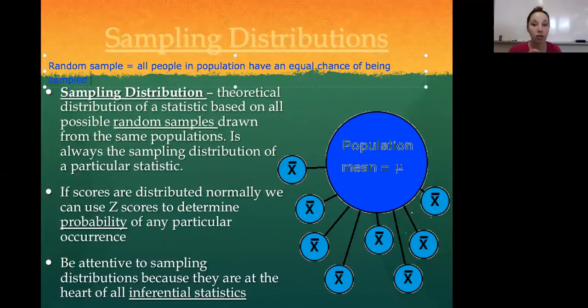So if our theoretical normal distribution and empirical normal distribution overlap, we can then convert our raw scores to z-scores and find out the probabilities of those z-scores occurring. So be attentive to sampling distributions because they are at the heart of inferential statistics. And if we remember, inferential statistics are the ones where we can infer something about the population given our sample data. So that is that.